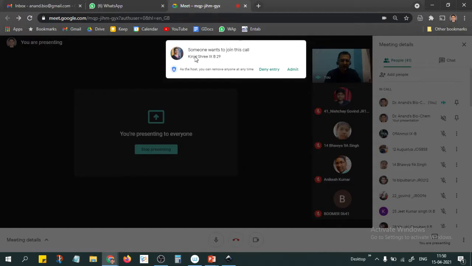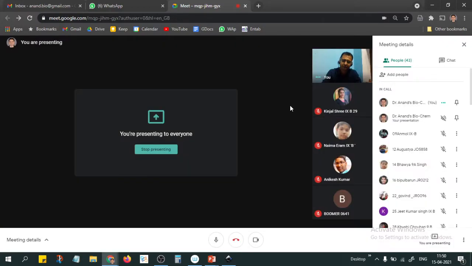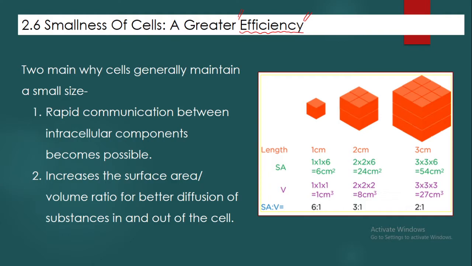Can anyone guess? When we say an engine is 50% efficient and another engine is 80% efficient, what does it mean?